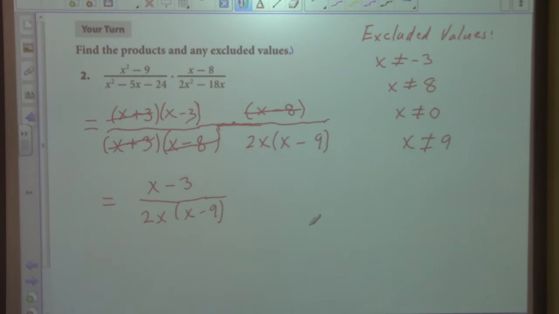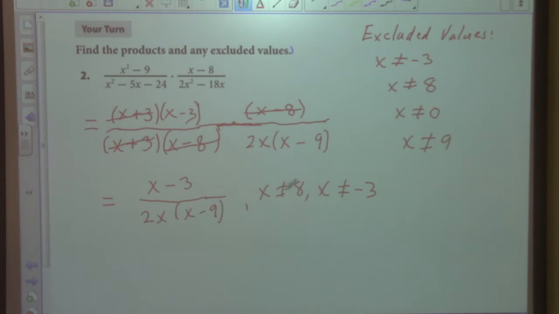Now, I'll tell you one thing about certain math teachers. I like to write it out like this, listing all the excluded values on the side. Some people will write that x cannot equal 8 and x cannot equal -3, with only these two excluded values listed.